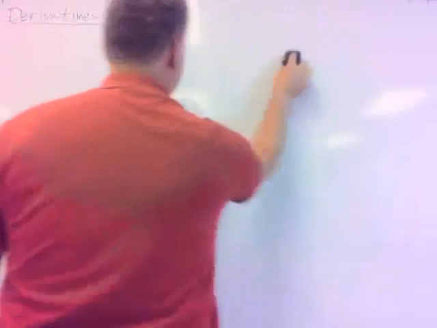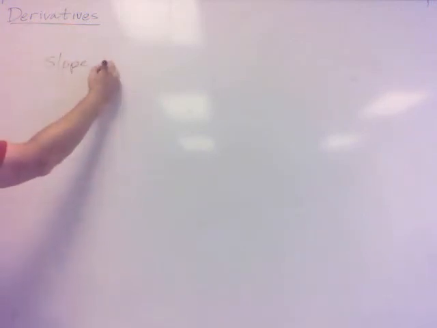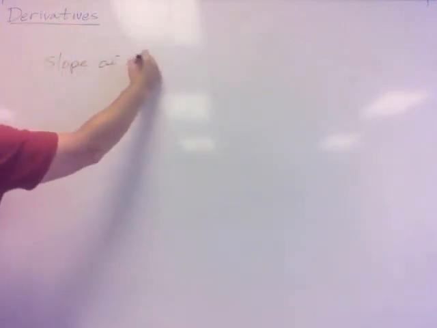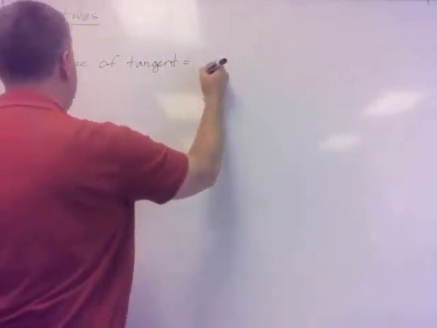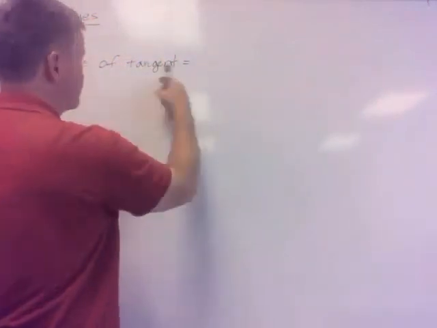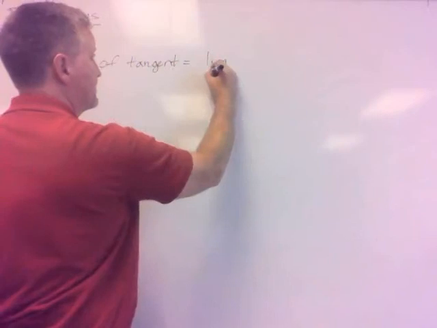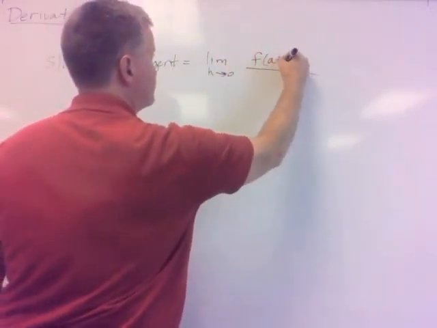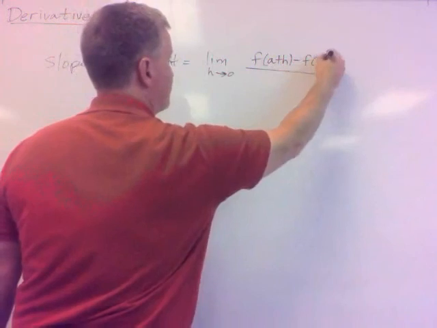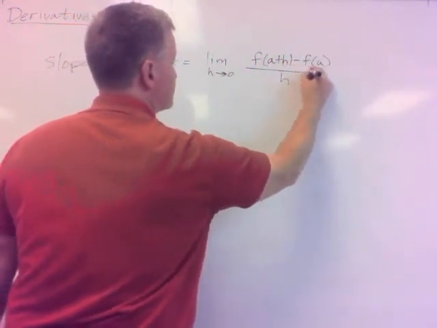Well, we either use definition 1 or equation 2. I said we'd probably focus more on equation 2. So remind me what that is. Yeah, we wound up saying, well, the slope of the tangent was equal to the limit as h approaches 0 of f of a plus h minus f of a over h.